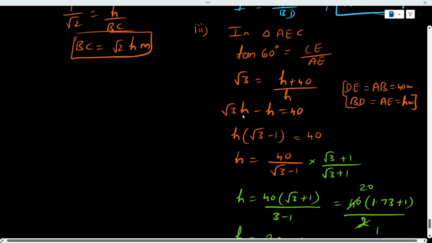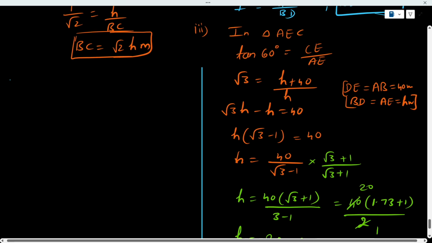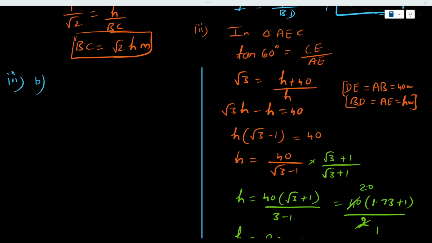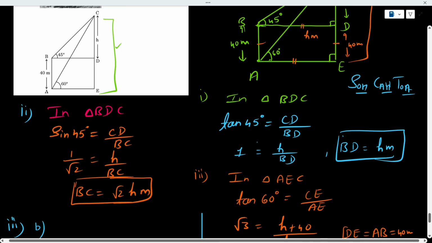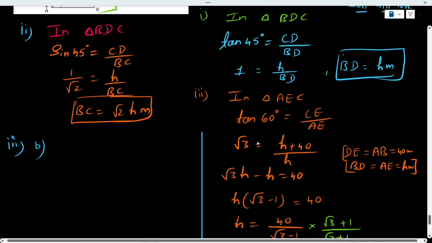So if I start doing this, this is the third part, second bit. How will you do it? Here, this is part B. We will use cos because 60 degree is the angle. You can take cos 60 equals AE by AC.